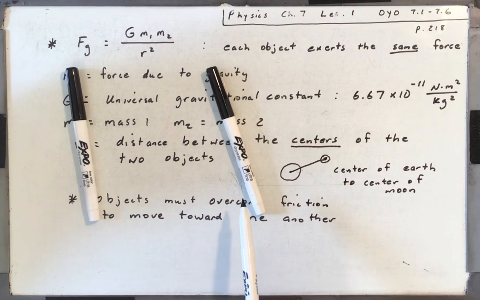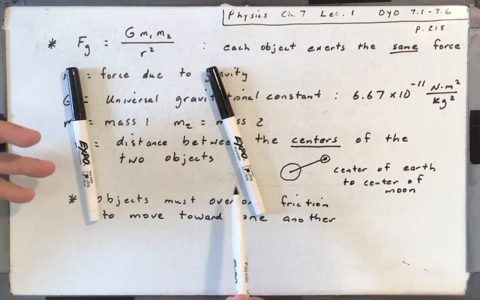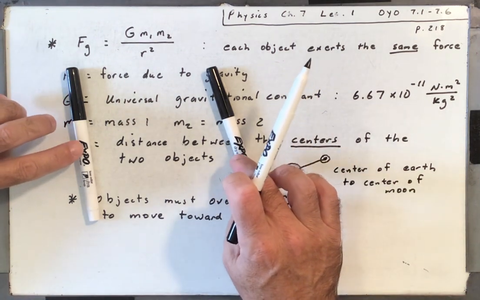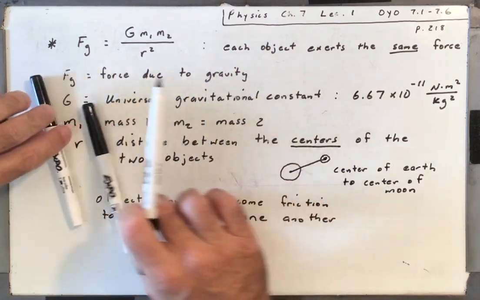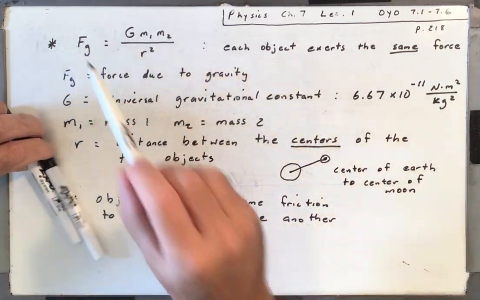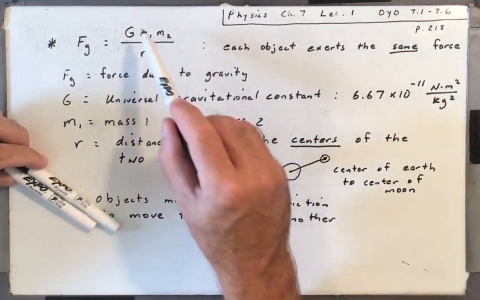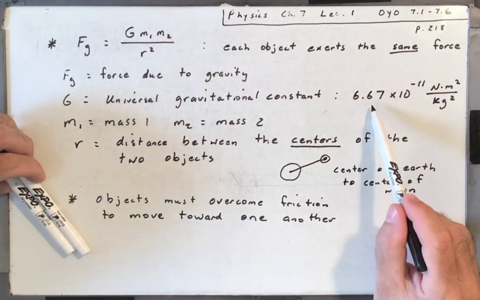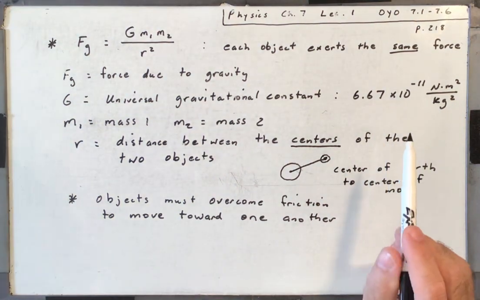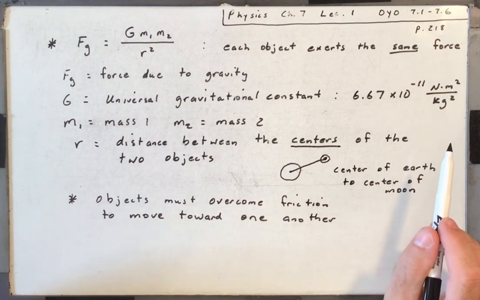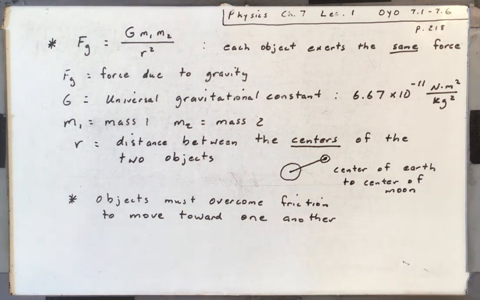Well, it's because the gravitational attraction, that force, is so small that it's not enough to overcome friction. If these were really, really large, massive objects, they would move towards each other. They would be able to overcome friction because that F sub g would be large enough. But remember, we're multiplying everything by 6.67 times 10 to the minus 11. So for your everyday objects, the force isn't great enough to overcome the frictional force.